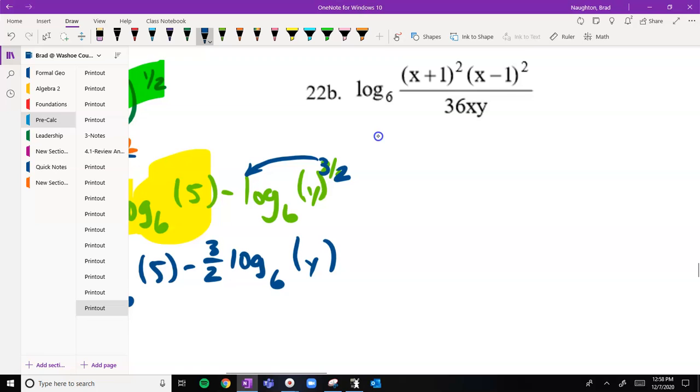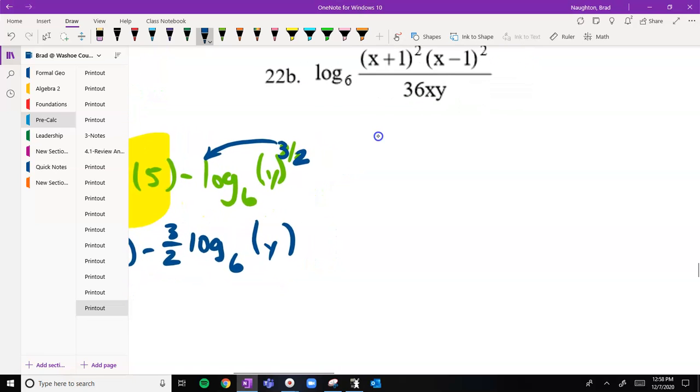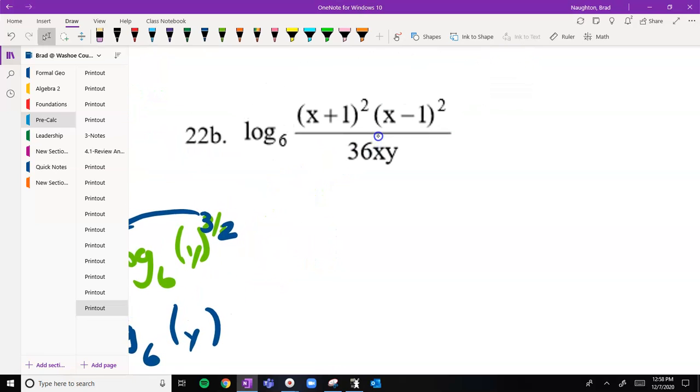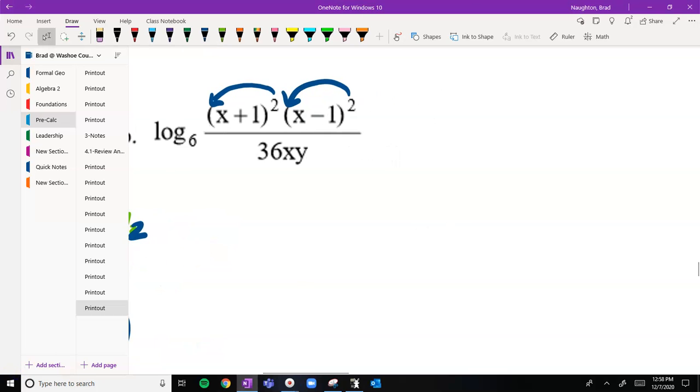So if you want to give this one a shot, then we can kind of see how you're doing. So, ladies and gentlemen, boys and girls, with this one, I'm going to move the 2 in front of this and the 2 in front of that. When I do this, I'm going to move this over a little bit so we have a little bit more room. I'm going to bring back the yellow pen. That looks fun.